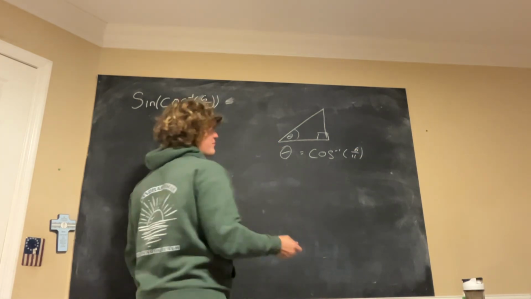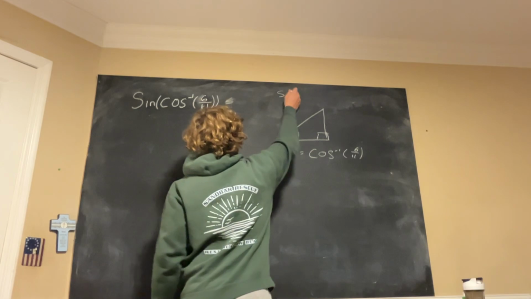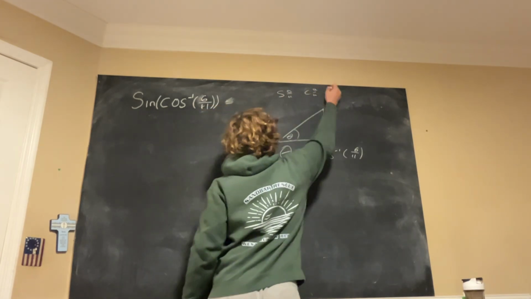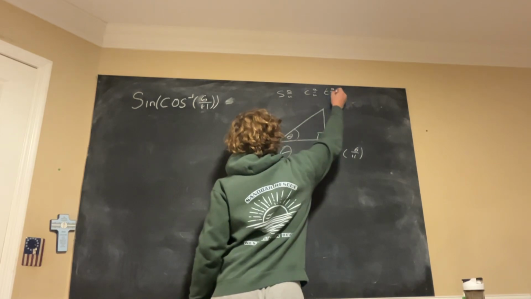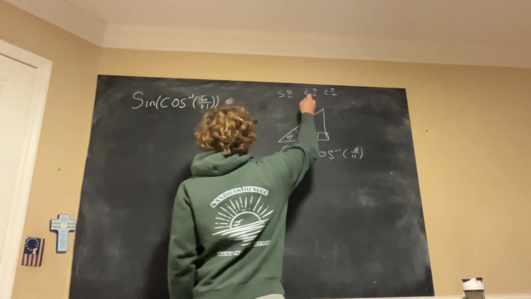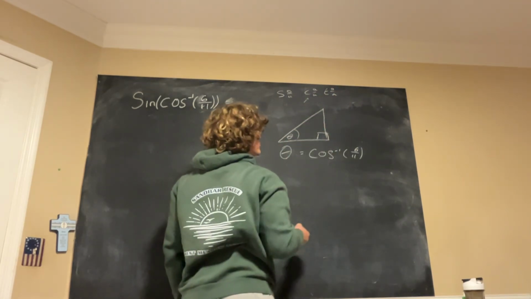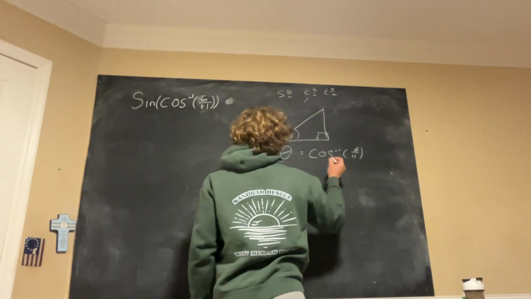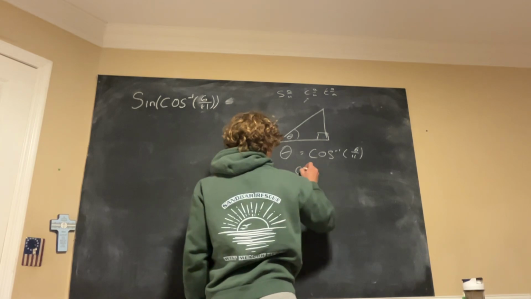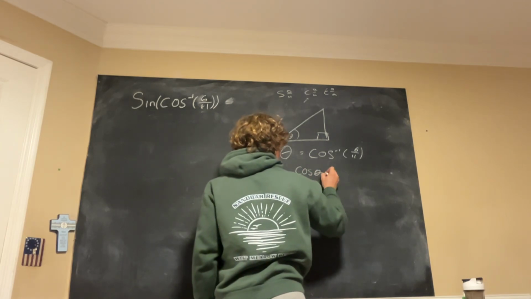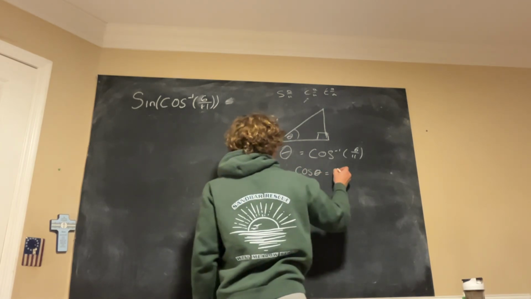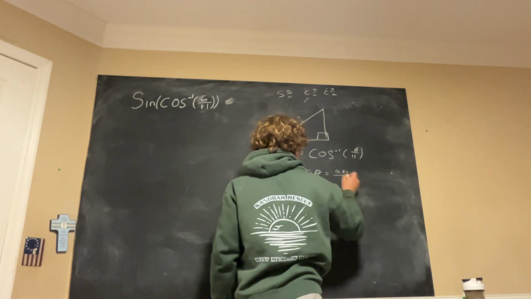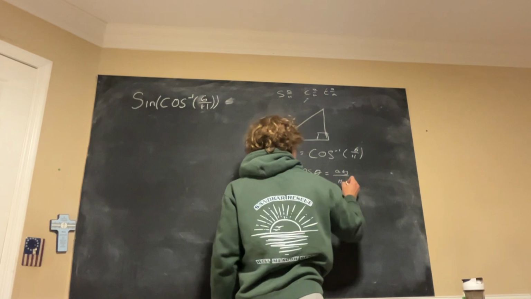Now, if we remember from our SOH CAH TOA principles, our cosine is equal to our adjacent over our hypotenuse. So this would be cosine theta is equal to our adjacent over our hypotenuse.